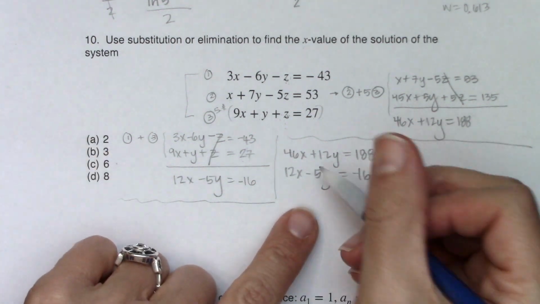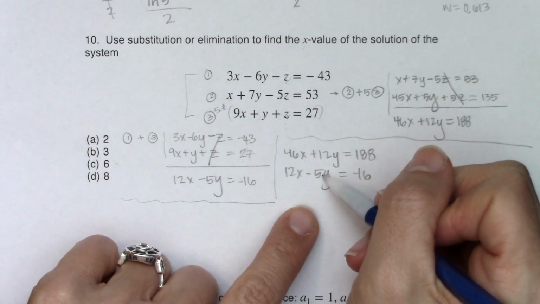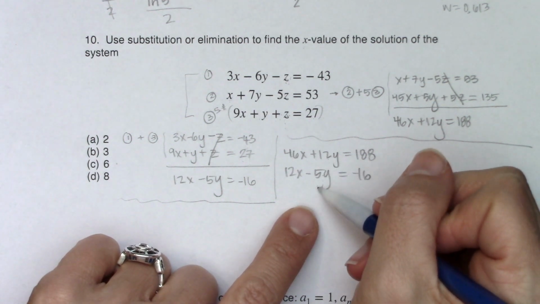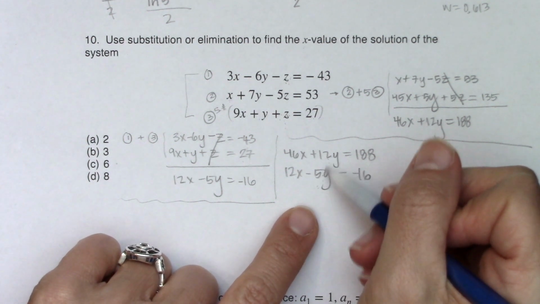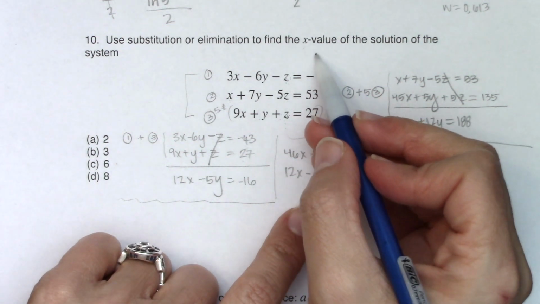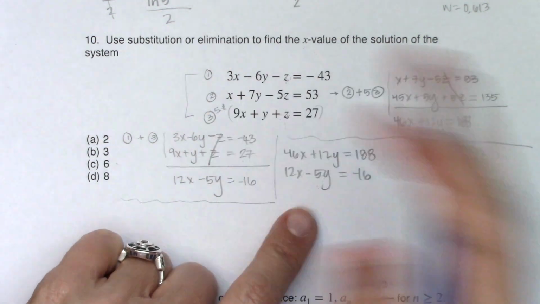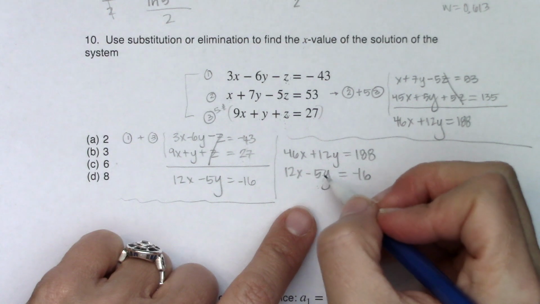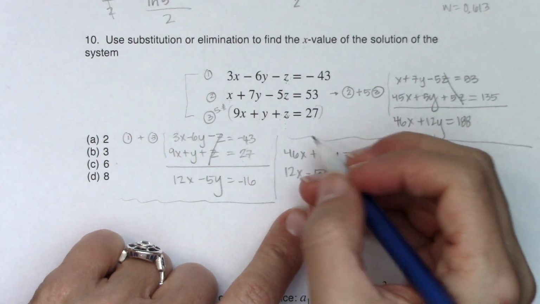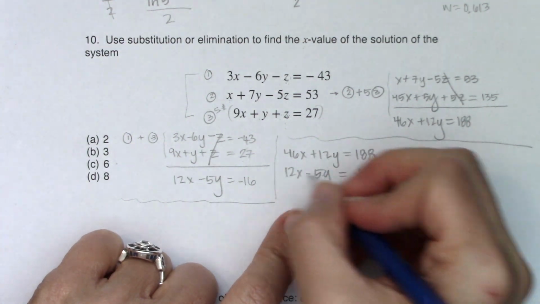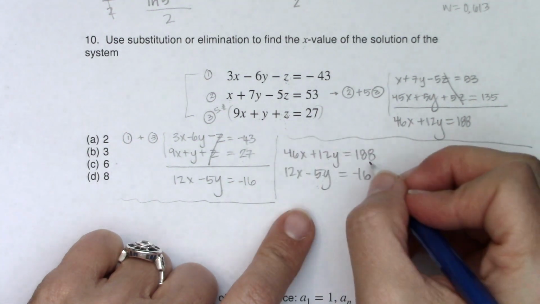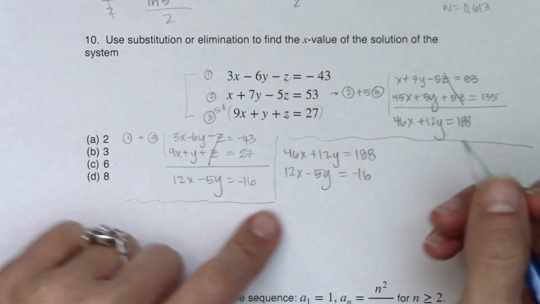Things I noticed, the y's are in opposite signs of each other, so I'll eliminate those. I'll eliminate the y's, which is actually good because the original problem asked me to find the x's. So the only thing left will be the x's. So 12 and 5, I need to multiply the second equation by 12, the top equation by 5, and then just see what I get.